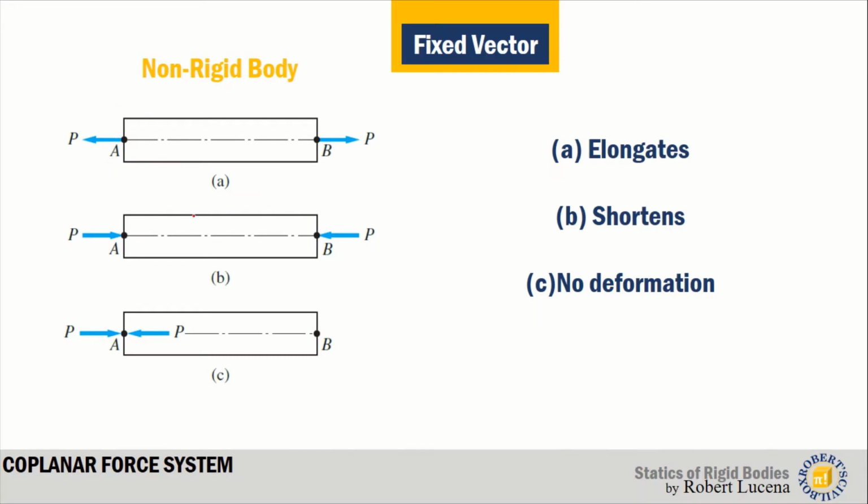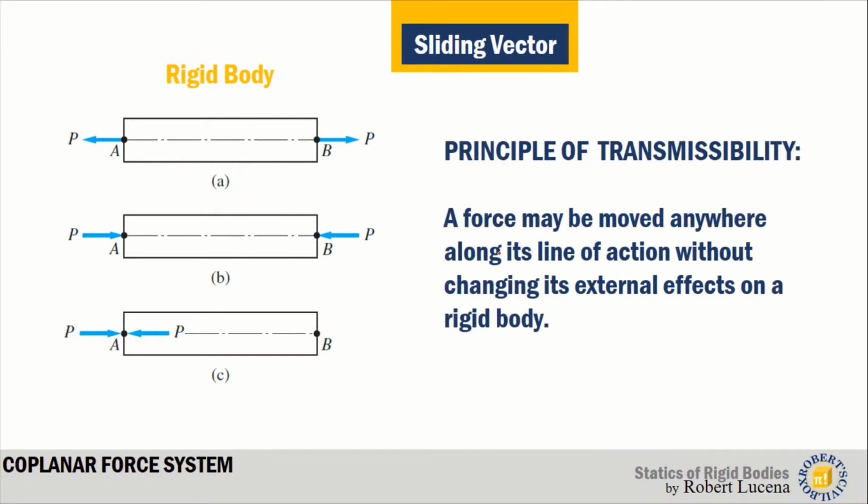They would have the same resultant, which is 0. But for a non-rigid body, this would cause elongation and shortening. Now, if this force is placed at point A, say for example this P and this other P is applied at A, for a rigid body, this will yield no deformation. For a fixed body or a rigid body, the different application of forces would have no external effect, and this is the principle of transmissibility.